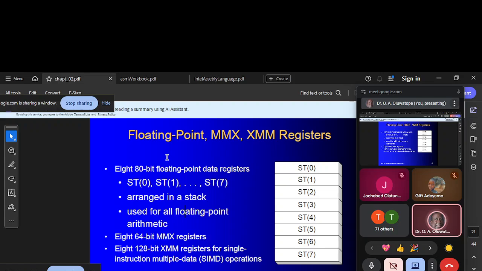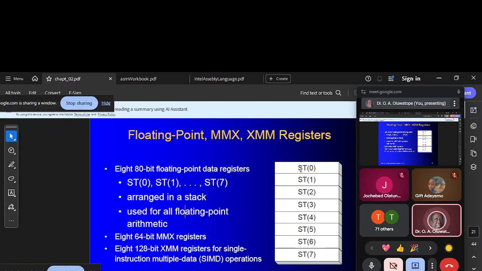The higher the number of significant figures, the closer it is to the value. Because if you multiply 0.33 by 3, it never gives you 1. But the higher the resolution or the accuracy, the closer you get to 1, but you will never get to 1. So you can appreciate why each floating point register is 80 bits, just to ensure that the accuracy is high enough.